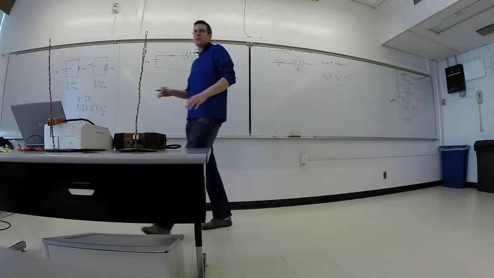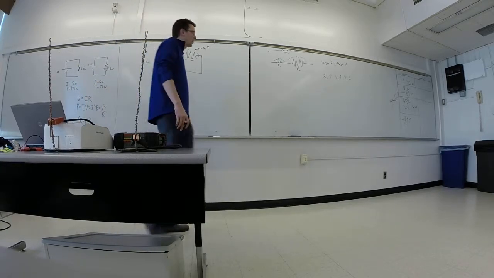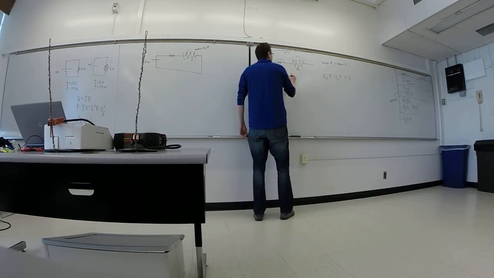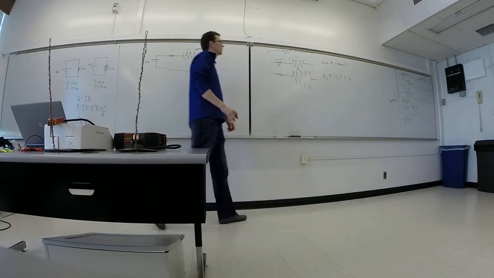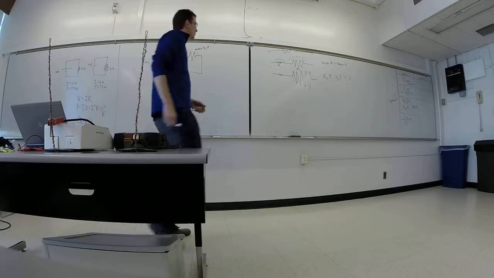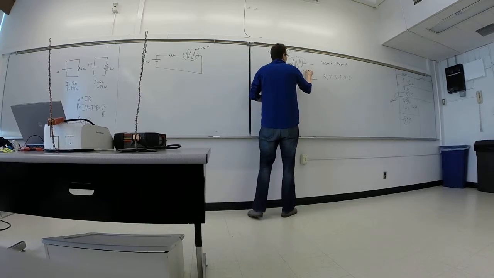So if the ratio of resistances changes, then the ratio of how much voltage drop is taken by either one changes. I guess I can try to draw that. It would look like this. R1 is the same, but now apparently this is even bigger. So now maybe this will be, let's just make up some numbers, 0.5 and 9.5.